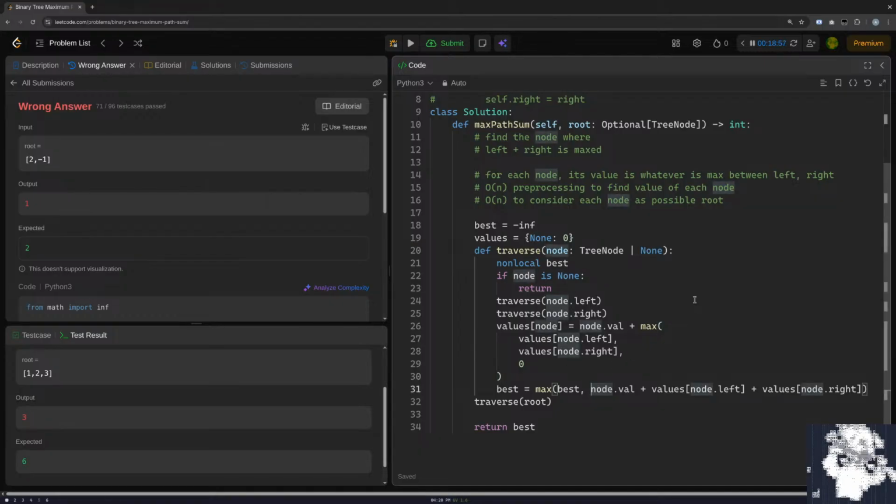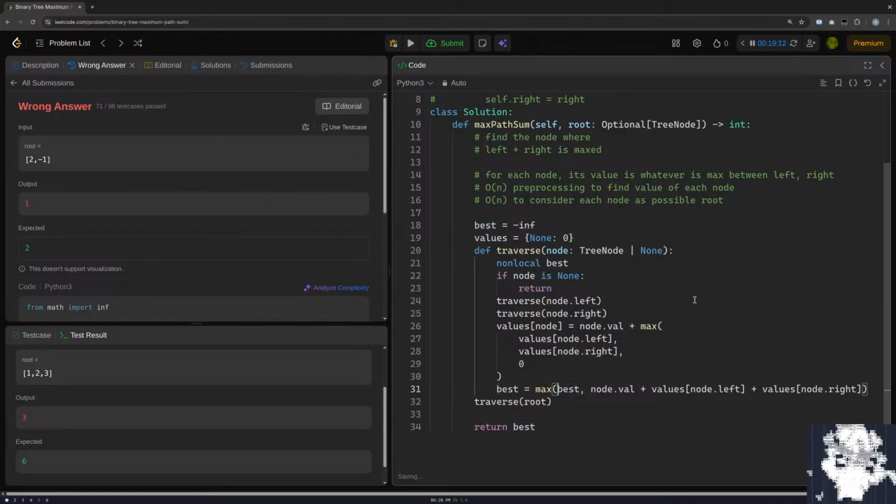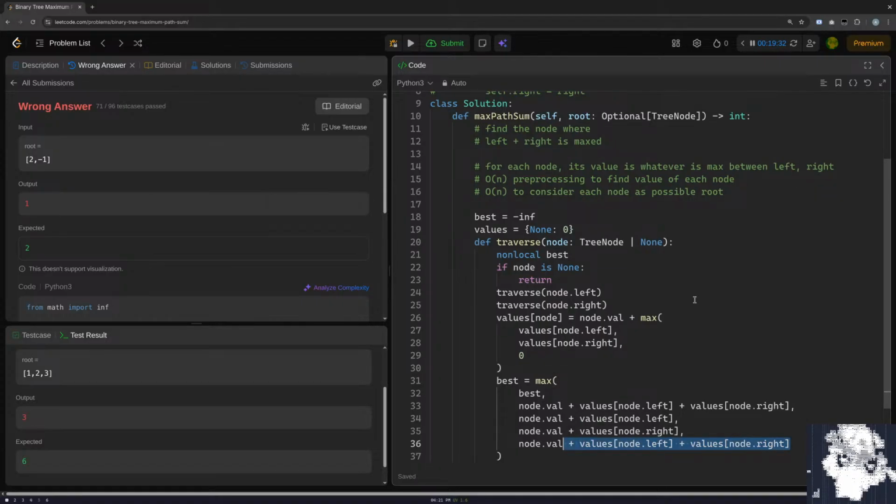The thing I just want to say is the root is allowed to not include the left and the right. It's like you can take the left and the right, or you can take only the left, or you can take only the right, or you can take neither of them.